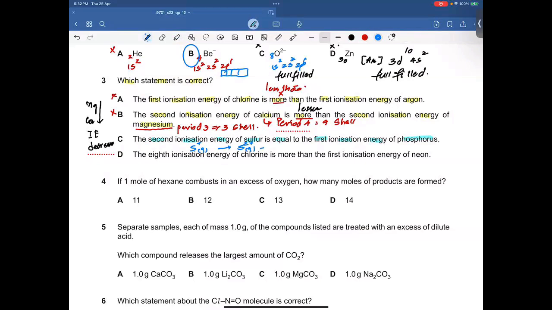It will turn to 2 plus and an electron, which means this sulfur ion has 16 protons and 15 electrons. On the other hand, let's talk about phosphorus.